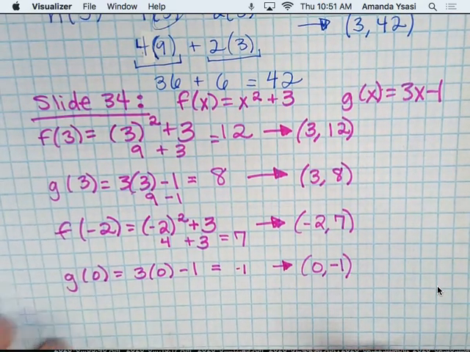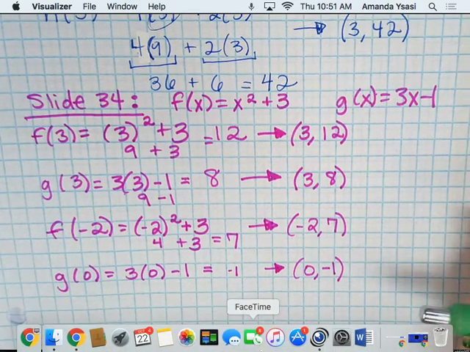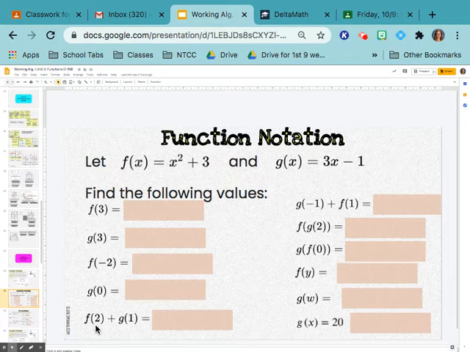Okay, let's look at, I think we're going to do 1, 2, 3 more problems. Let me see. Okay, so we've done these. So now we're going to do f of 2 plus g of 1. No, we're only going to do 2 more problems. And then g of -1 plus f of 1.